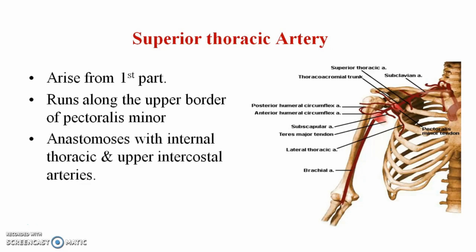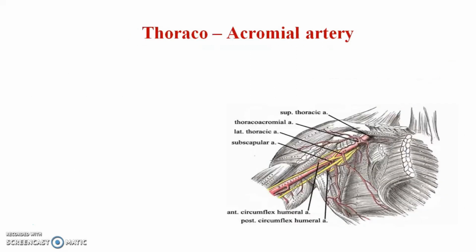Later, it terminates by anastomosing with the internal thoracic and upper intercostal arteries. That's all about the superior thoracic artery.